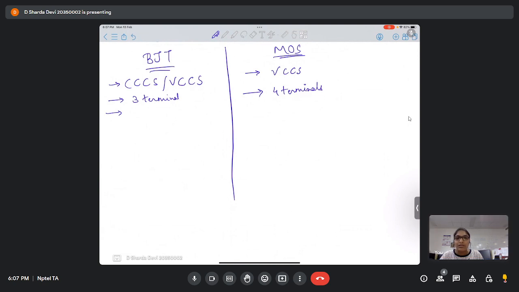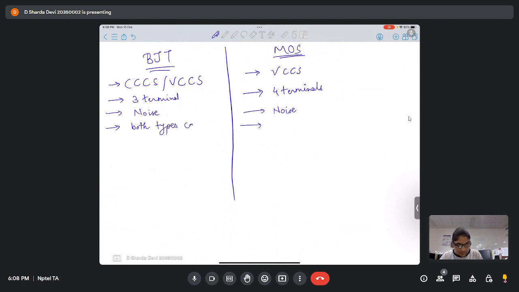Ma'am, BJT has more noise. MOSFET has less noise. Okay, you can say noise. What about the charge carriers that flow in these two types of devices? Ma'am, in BJT both minority and majority carriers are there, while in MOSFET only majority carriers are there.